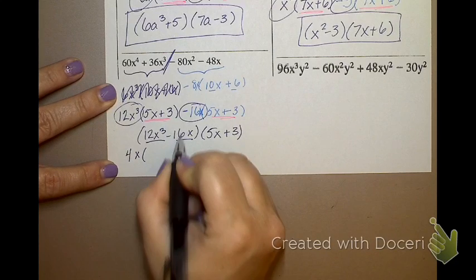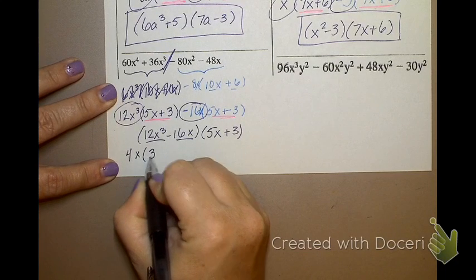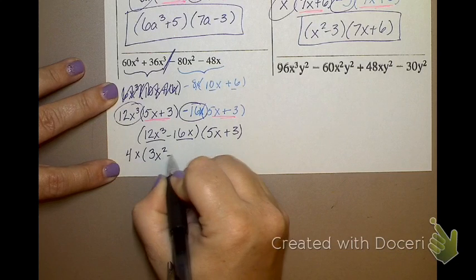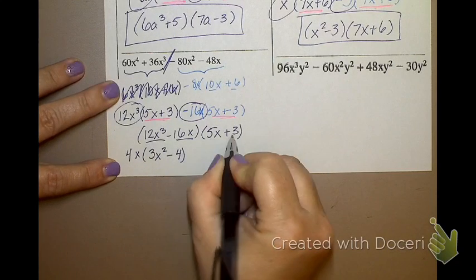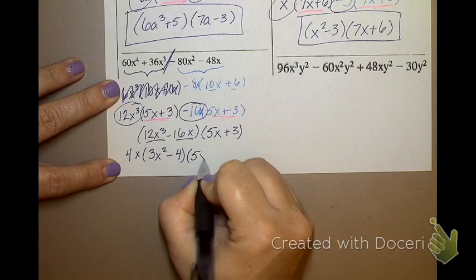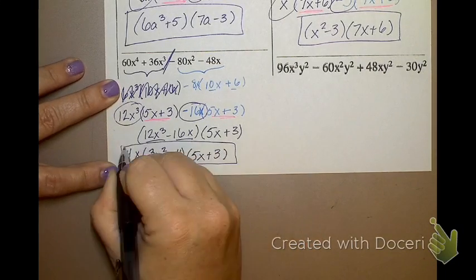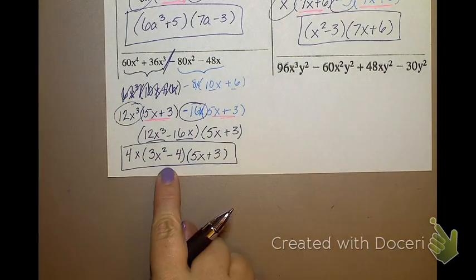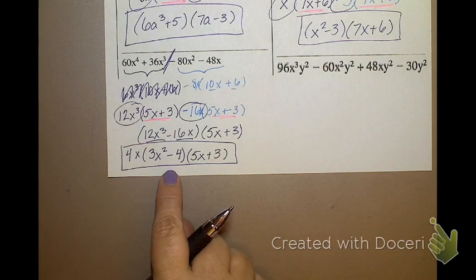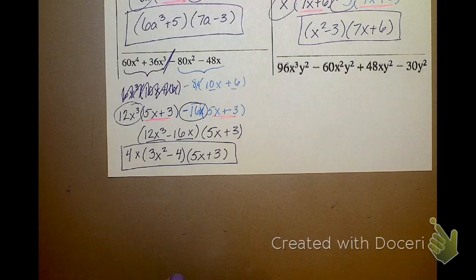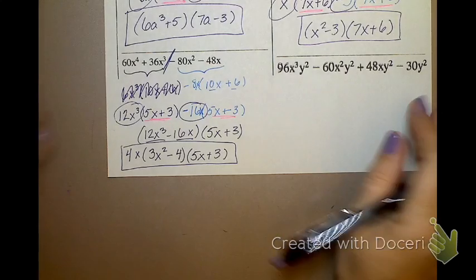What's left inside here? 3x squared minus 4. And then this guy just kind of stays as is. We're just taking out of that first parentheses. So if you took it out at the beginning, you should have this as your answer. If you didn't take it out at the beginning, then you need to end up here at the very end. Does that make sense? All right, last one.